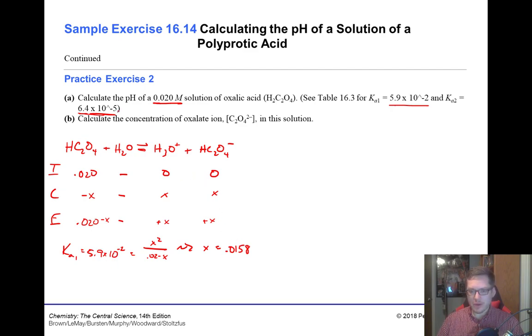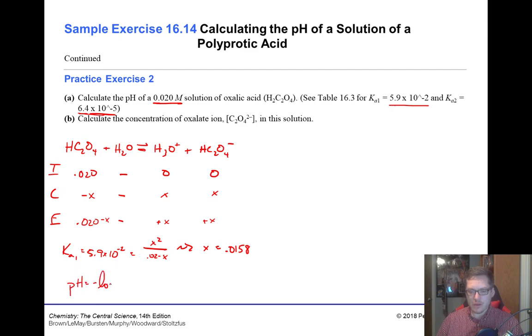Well, we have to compare the values of Ka1 and Ka2. This Ka1 is times 10 to the minus second. This is times 10 to the minus fifth. So according to our rules, we should be able to neglect however much hydronium is made from this. So we'll go ahead and do it here.